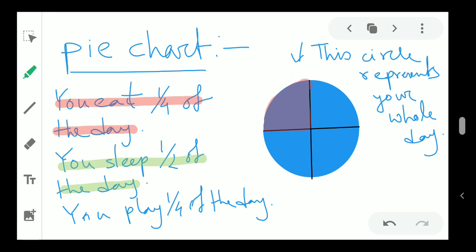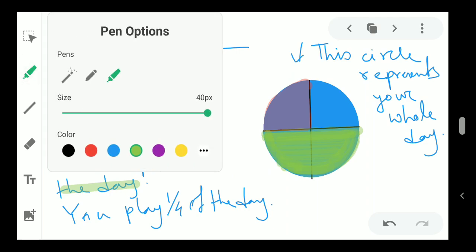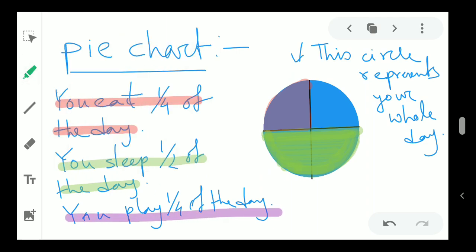So I can color 2 of the pieces with green to show that I have slept half of the day. And you play 1/4, so only 1 piece is left.